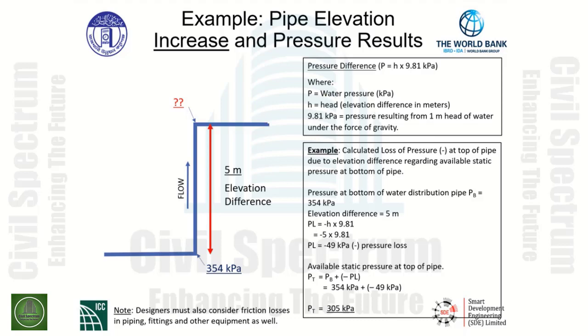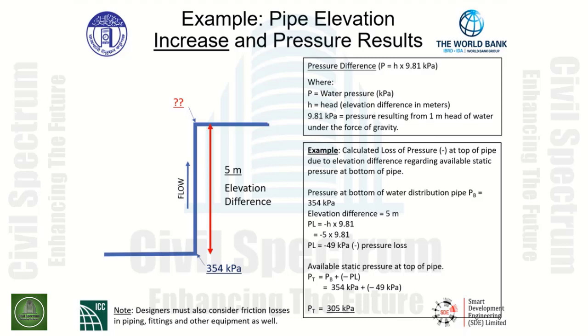So our pressure at the top of the pipe would equal the pressure starting at the bottom of the pipe at 354 kPa minus 49 kPa. The resulting pressure at the top of the pipe would therefore be 305 kPa.